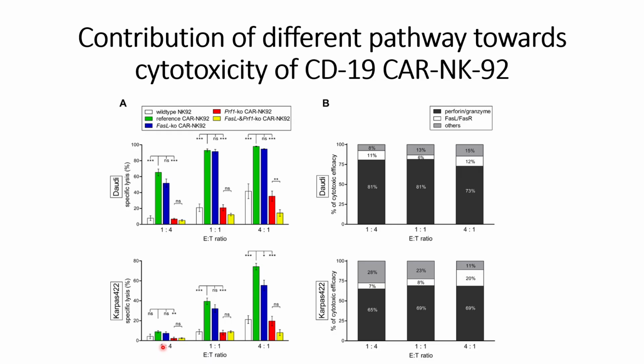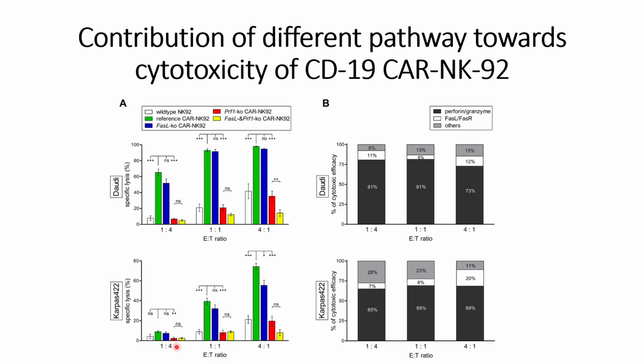For the FasL ligand knockout CAR-NK92, they see similar results for 1:4 and 1:1, that is, a non-significant decrease compared to the reference CAR-NK92. But for the 4:1 ratio, they see a significant decrease compared to the reference CAR-NK92.